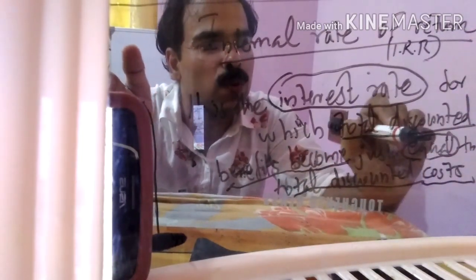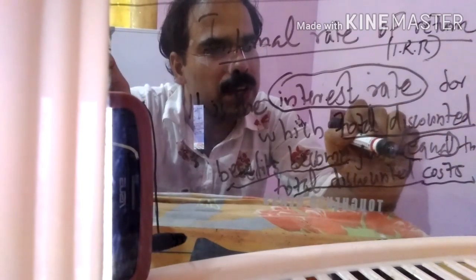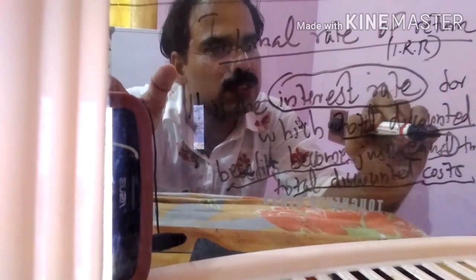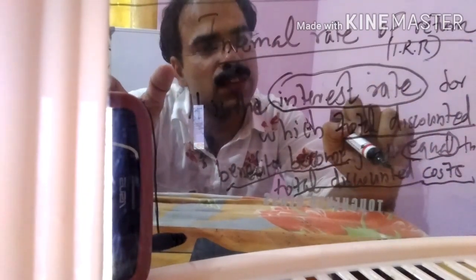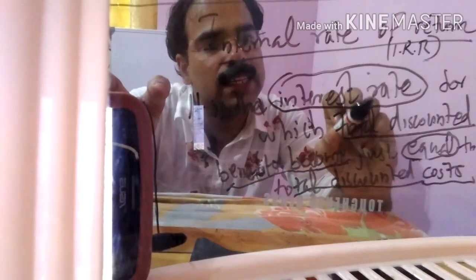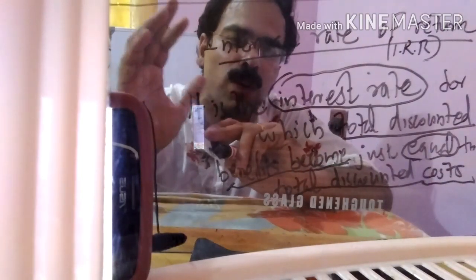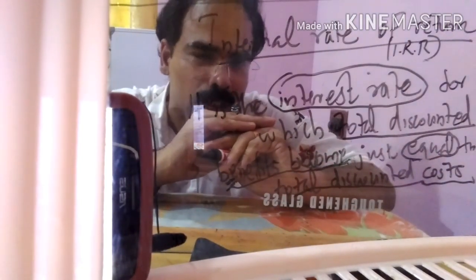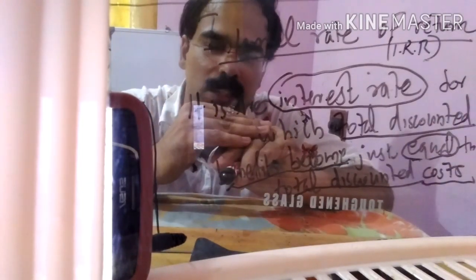Once the total discounted benefits equate with the discounted costs, for that condition what will be the interest rate? In order to represent that interest rate, we use the term internal rate of return. Once we are considering a project, automatically there will be capital investment and related maintenance costs.